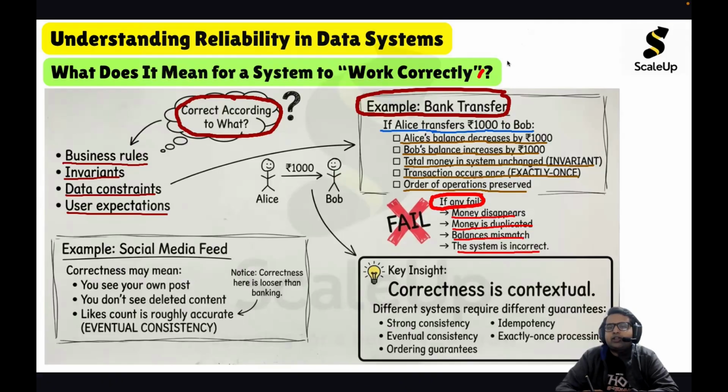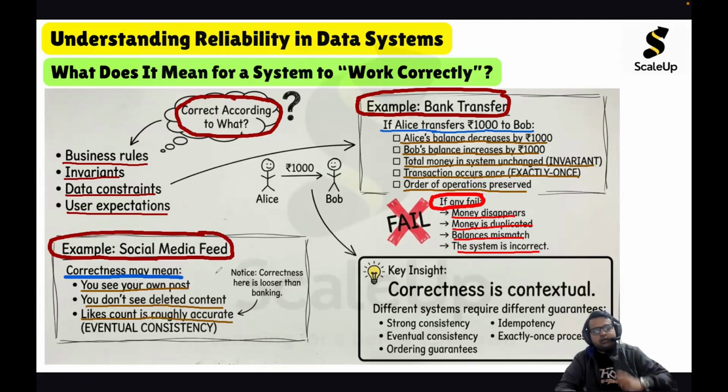Let us look at one more example to understand what it means for a system to work correctly: a social media feed. Here correctness may mean you see your own post, you don't see deleted content, and the like count is roughly accurate, which is eventual consistency.